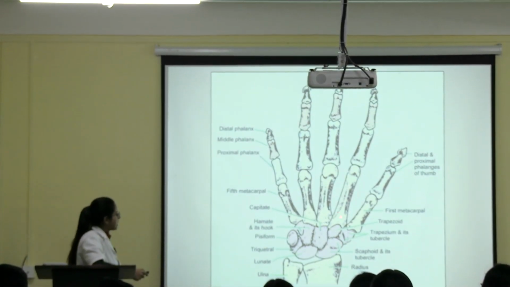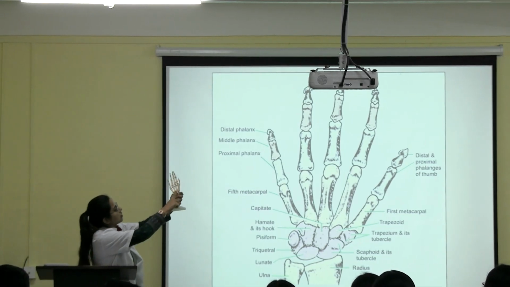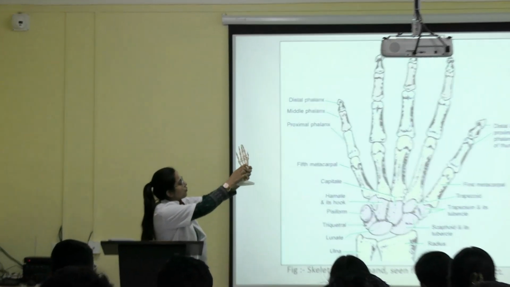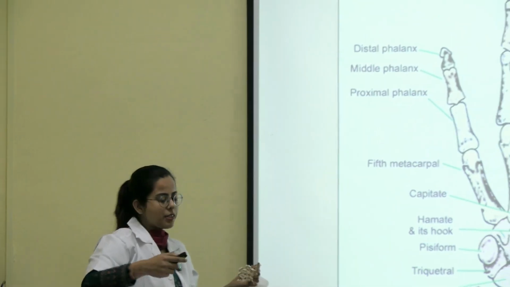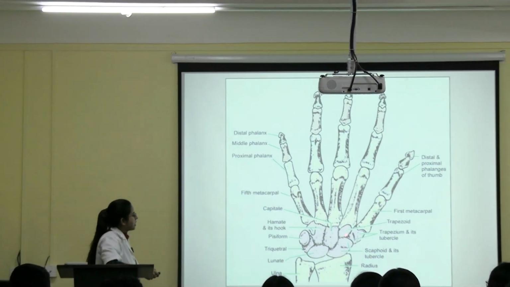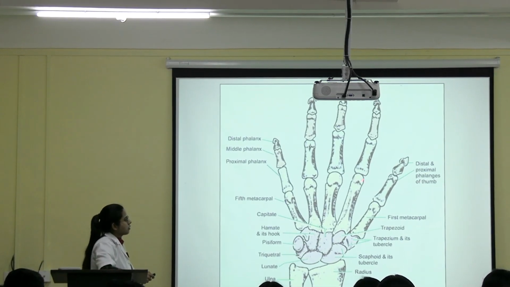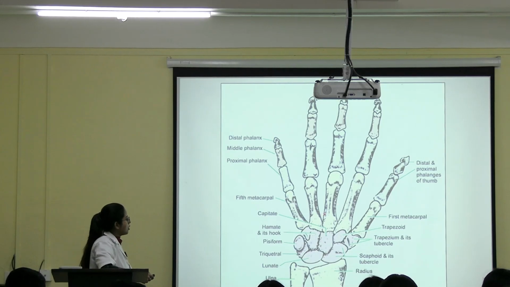Now this is the second metacarpal. It has a groove. You can see the groove here. This is how you identify the second metacarpal. Second metacarpal will articulate with trapezoid. Now this is the third metacarpal.